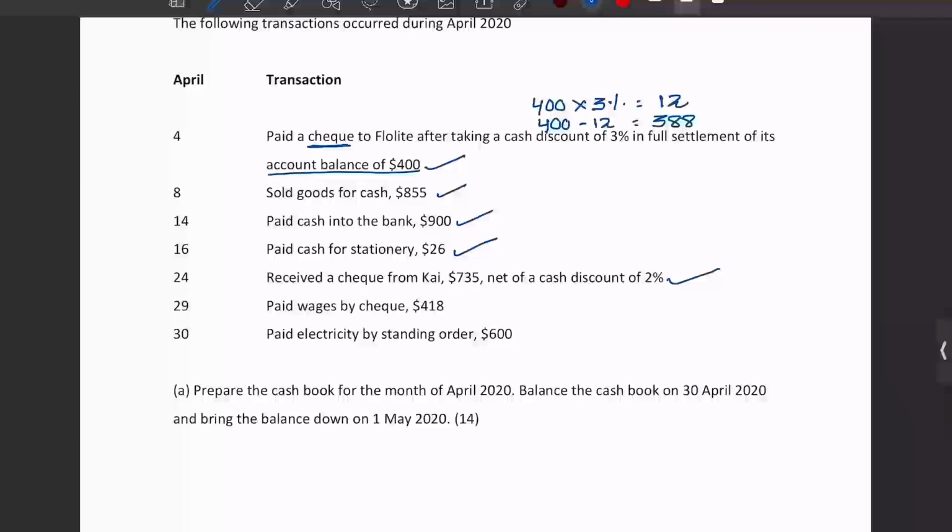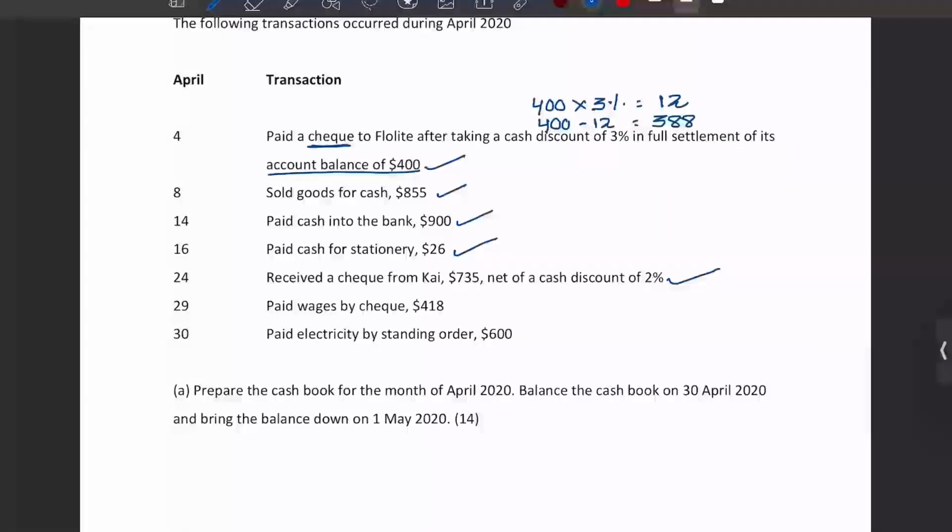Standing order. Standing order is when you make a payment from your bank account. Okay, I'm sure you should be able to see it started and happened. They are going to check what's the problem. 15 is correct.